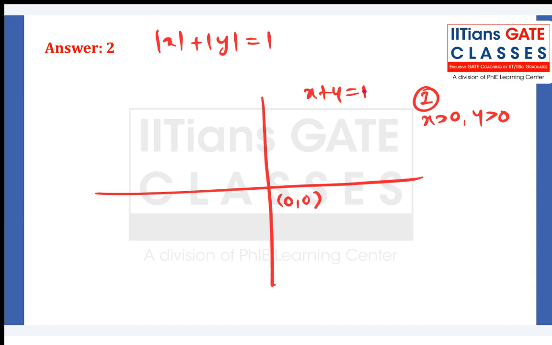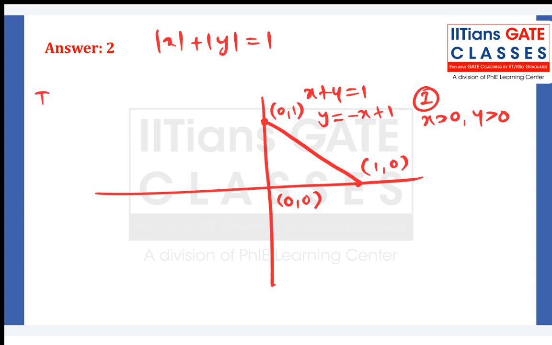You can write this as y equal to minus x plus 1. The intercept is positive 1 and the slope is minus 1, so it will be something like this. This will be 1 comma 0 and this point will be 0 comma 1. So this is the story of the first quadrant.